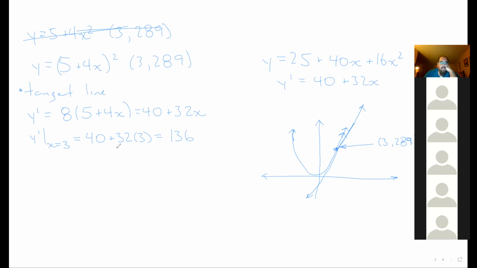You can plug in 289 as y and 3 as x. Into what? We can do the point slope formula. Point slope? Okay. So I know that y1 is 289.